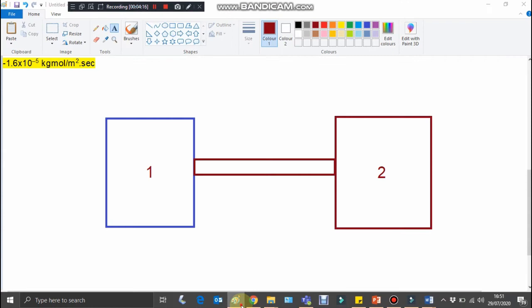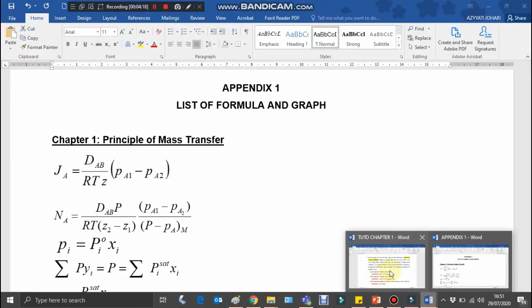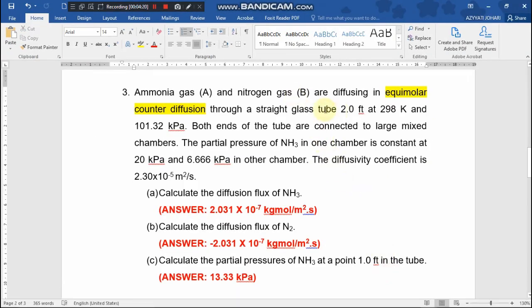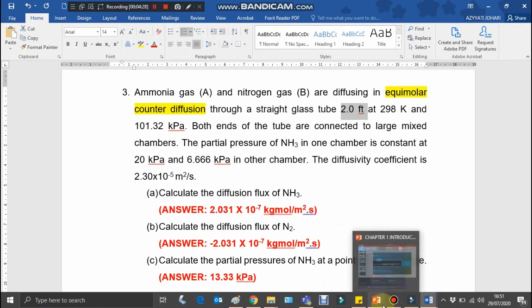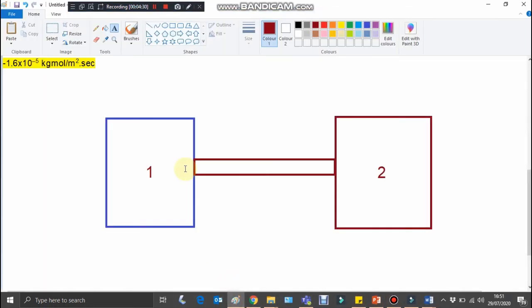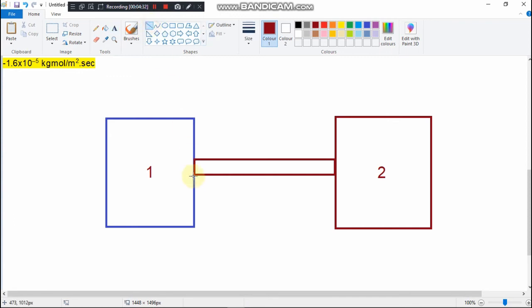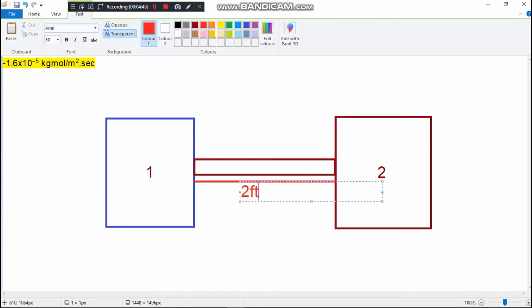The question gives you the information of 2 feet long, so the tube is 2 feet long. In this diagram, this is the Z value. This is 2 feet.